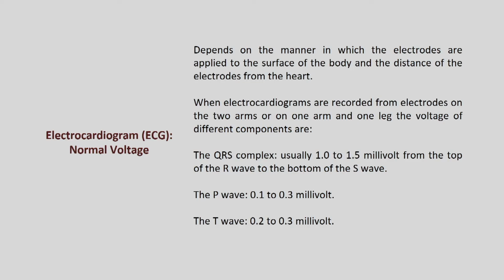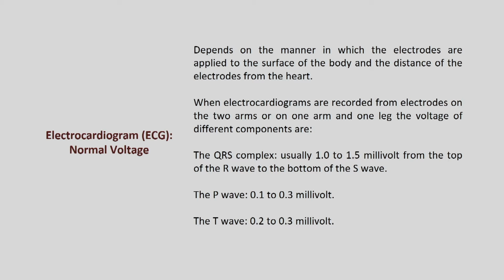Depending on the manner in which the electrodes are applied to the surface of the body and the distance of the electrodes from the heart, we have different recordings. Each QRS complex usually has 1 to 1.5 millivolt from the top of the R wave to the bottom of the S wave.